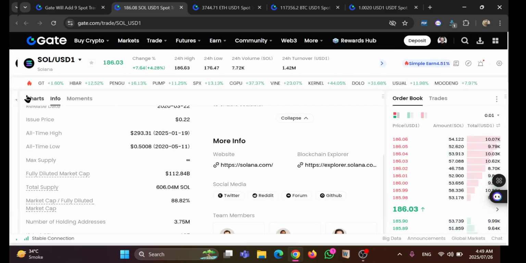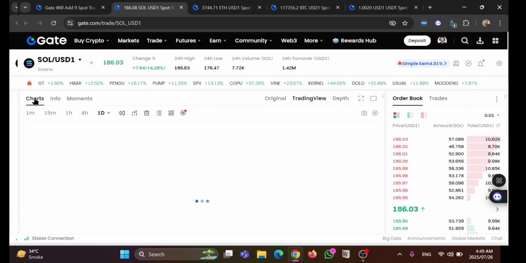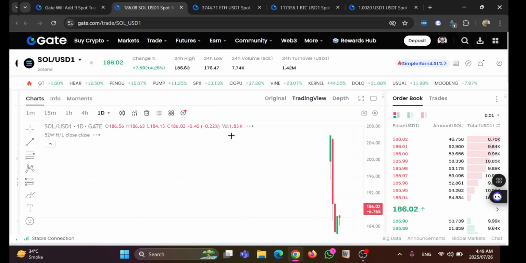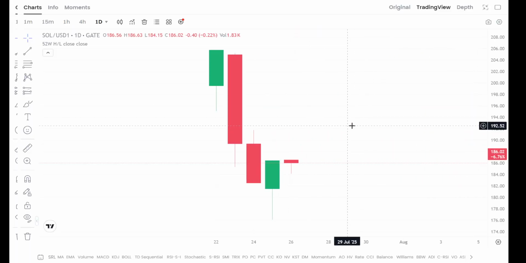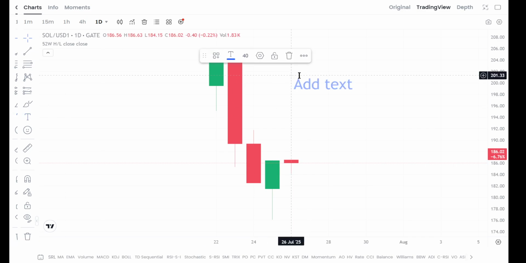Now let's go to the charts of this Solana USD1 spot trading.